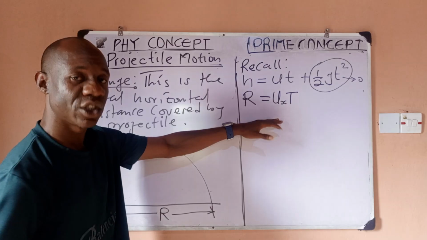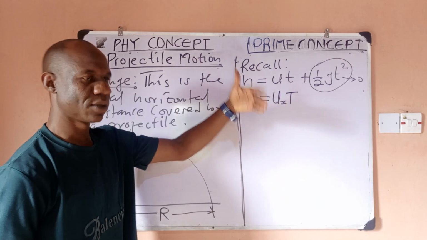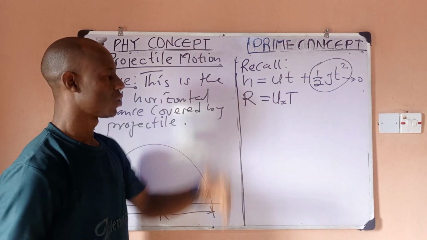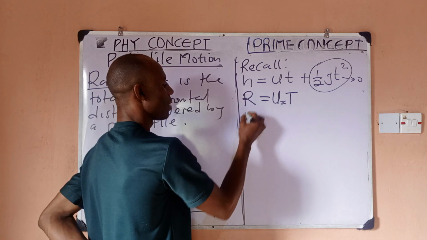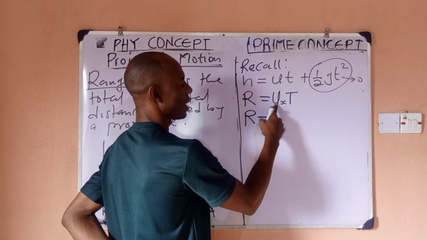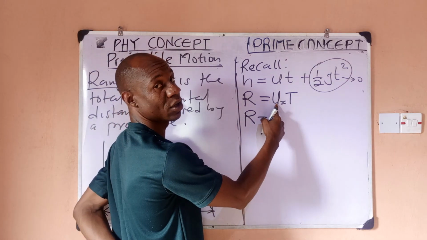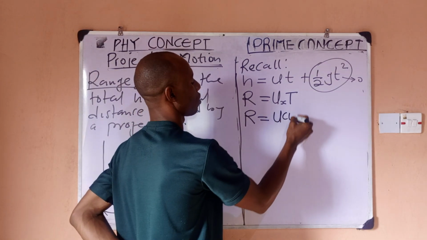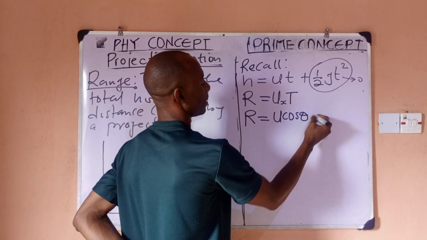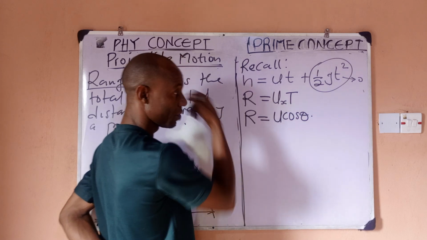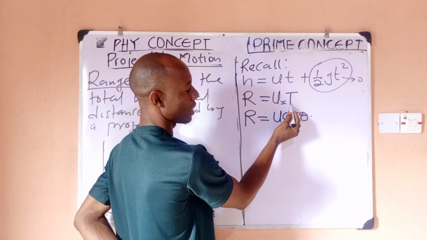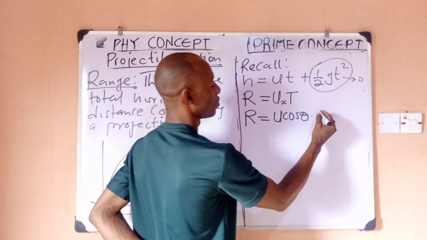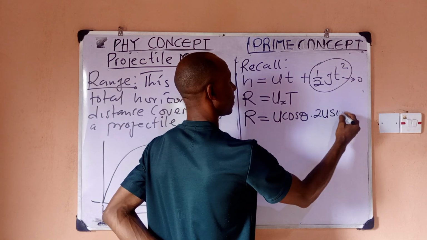We're going to still analyze it further to simplify. And we'll have that R is equal to Ux. From our introductory video, Ux is actually U cos theta, then times capital T. From our previous video, we said it is the time of flight, and we derived the formula to be 2U sine theta over g.